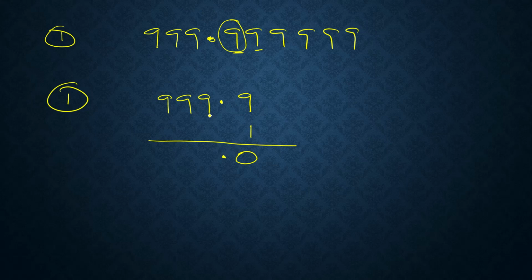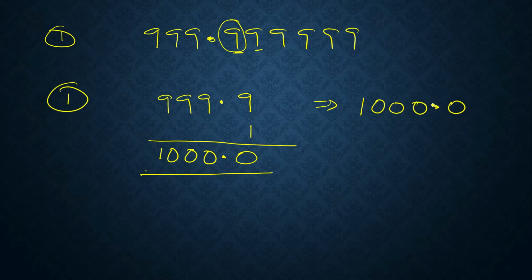Add 1 to this 9, 10, 0, carry 1, add 1 to this 9, so 10. So to one decimal place, it will be 1000.0. Right from the point is 0, so that is one decimal place, so this is correct. Now let's look at two decimal places.